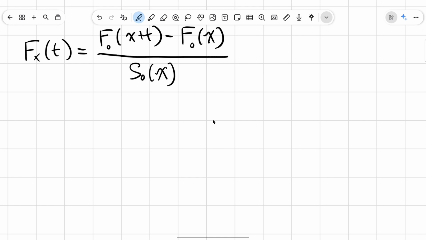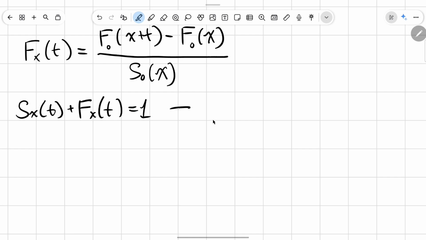Now, to extend this, we can use the property from earlier that Sx of t plus Fx of t is just equal to 1. Therefore, Fx of t is equal to 1 minus Sx of t. Now let's do it.